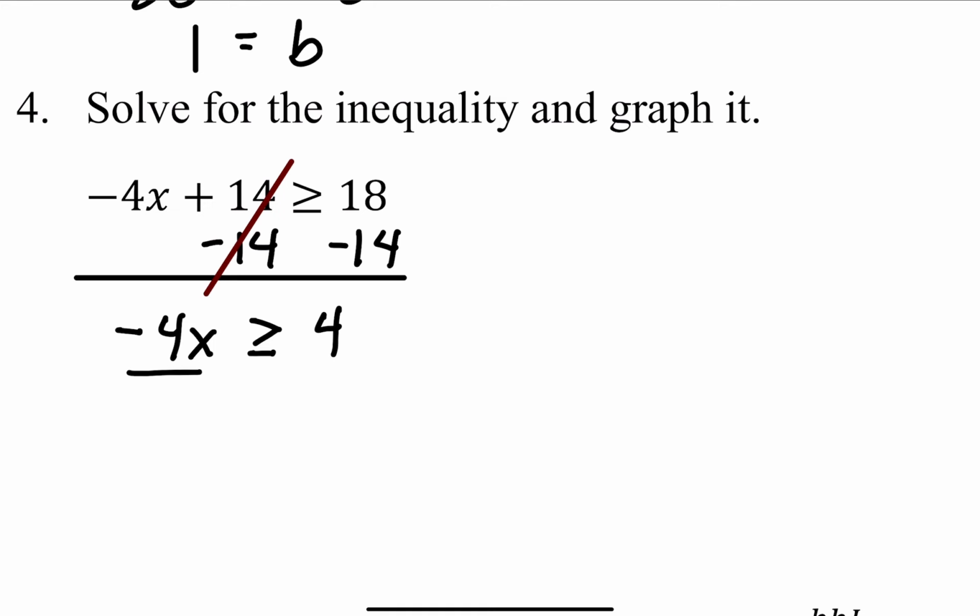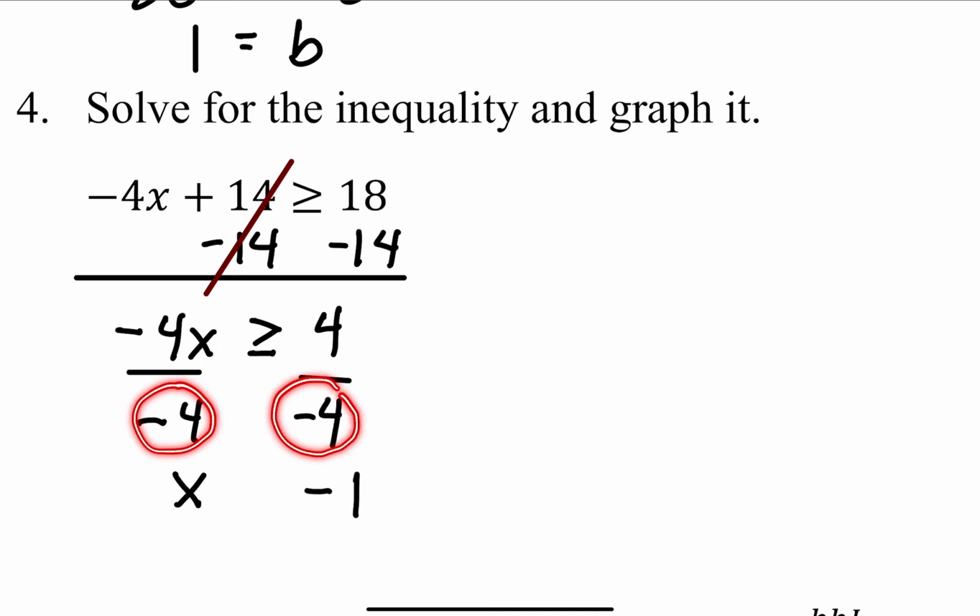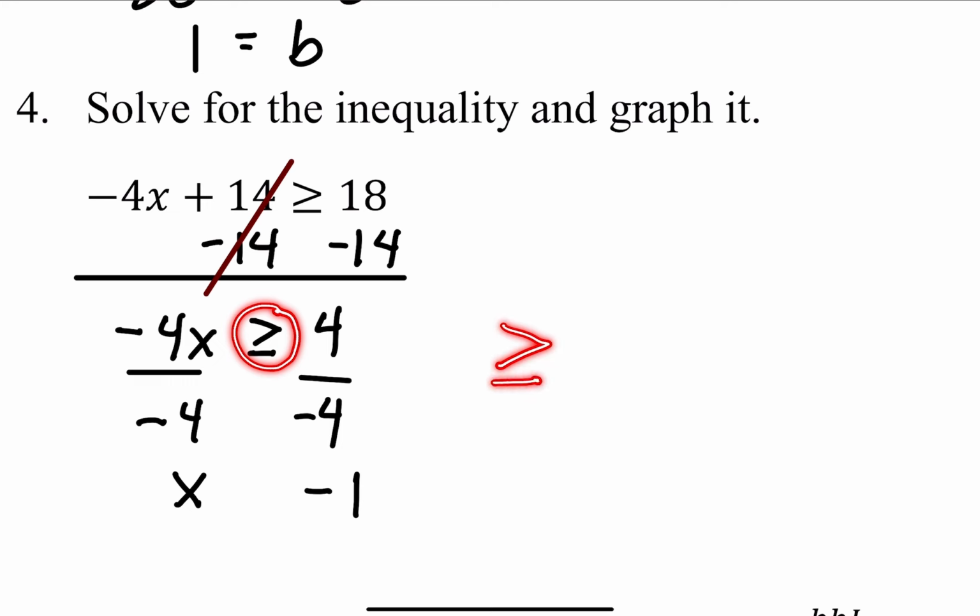Now, divide both sides by negative 4. Negative 4 divided by negative 4 is 1, or simply x. 4 divided by negative 4 is negative 1. Now, since we divided both sides of the inequality by a negative number, the symbol will flip. If this is greater than or equal to, it will become less than or equal to.